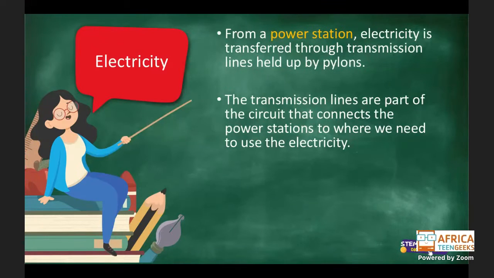The transmission lines are part of the circuit that connects the power stations to where we need to use our electricity. Therefore, our electricity will travel from the power station through pylons, through substations, and to different locations.